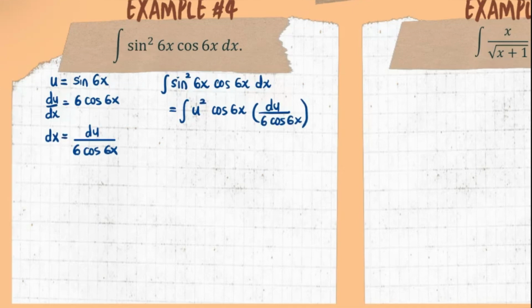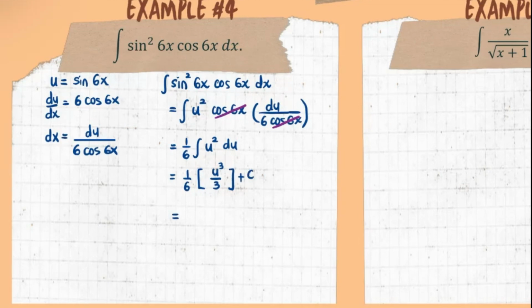Okay, so boleh nampak dekat sini bahawa cos of 6x we divided by cos of 6x will be 1. And we factorize the constant 1 over 6. We integrate just u squared of du. And integrate u squared will be u cubed over 3 plus c.